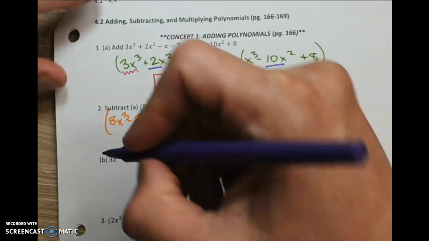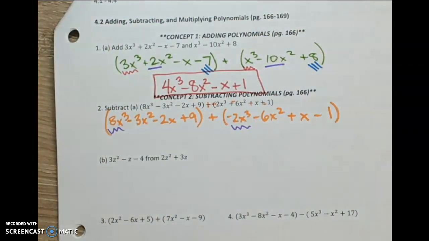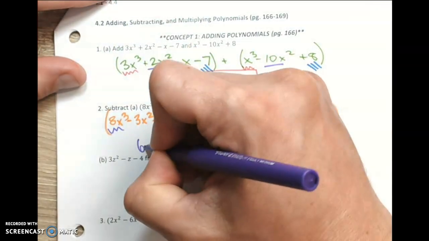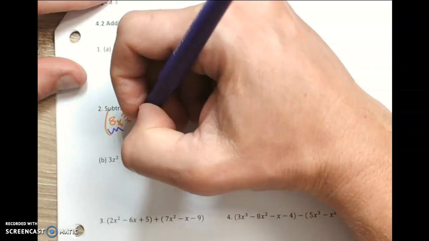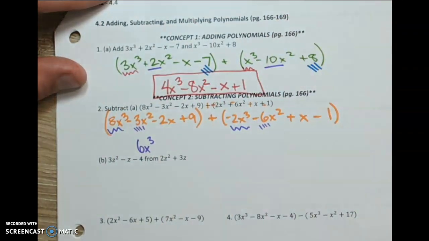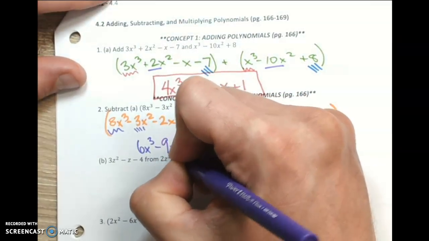Okay, so I have 8x cubed minus 2x cubed, which is 6x cubed. I have negative 3x squared and negative 6x squared, which is negative 9x squared.